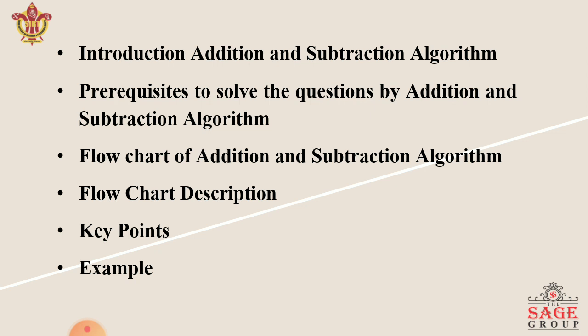In this algorithm, we cover some points like introduction of addition and subtraction algorithm, prerequisites to solve the questions by addition and subtraction algorithm, flowchart of addition and subtraction algorithm, description of algorithm, some key points, and after that we cover one example by addition and subtraction algorithm.